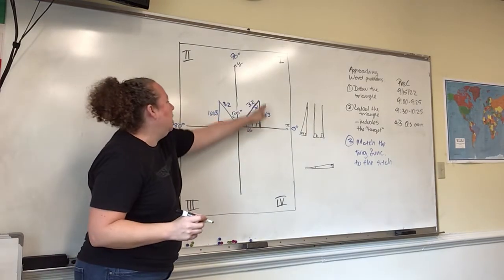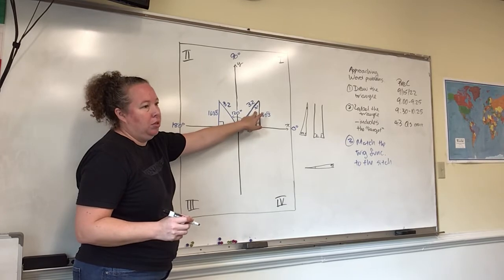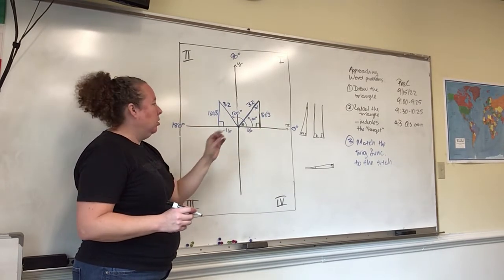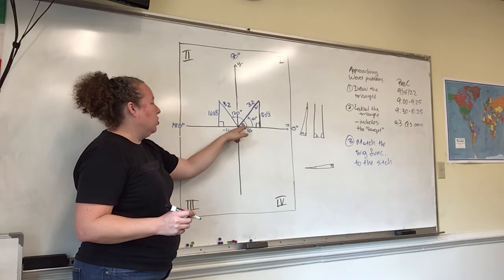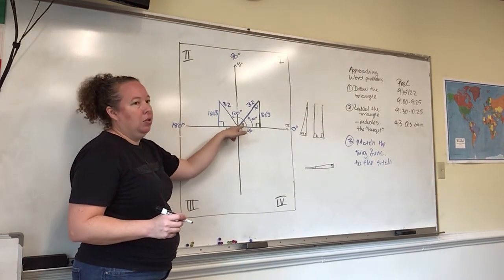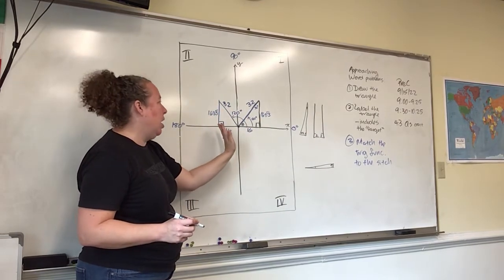So technically this triangle has both 60 degrees and 30 degrees. But to keep ourselves organized, the trick that we're going to use is we're always going to be talking about the angle that is centered at the origin. So this helps us to stay organized.